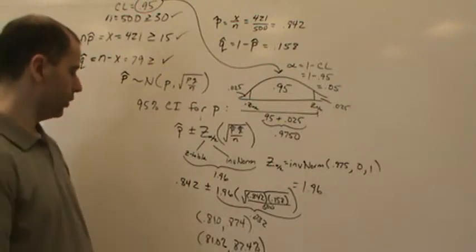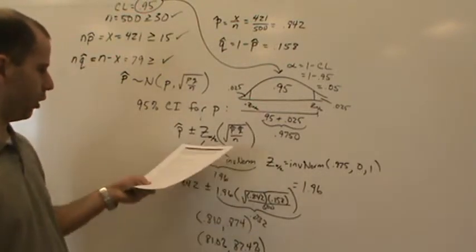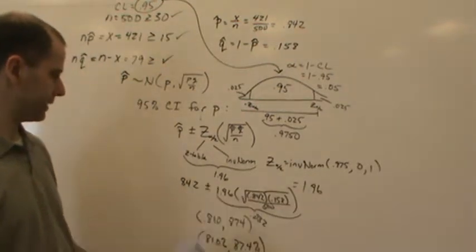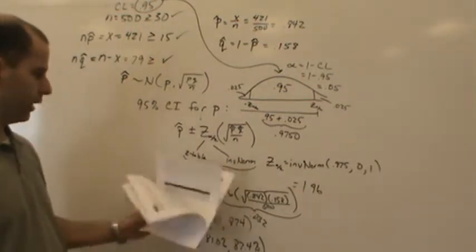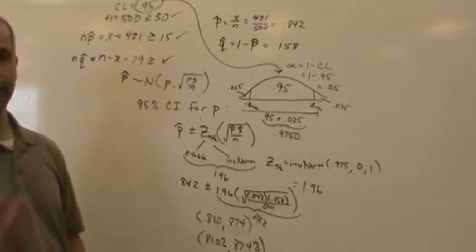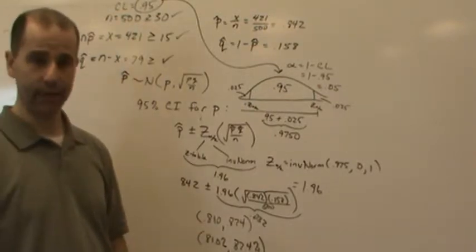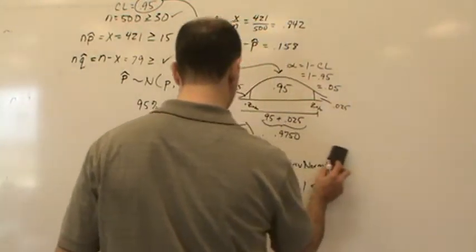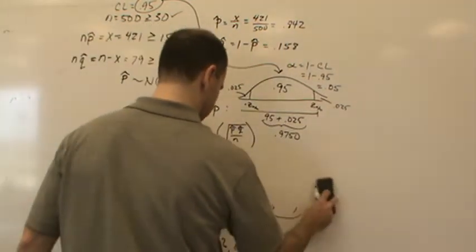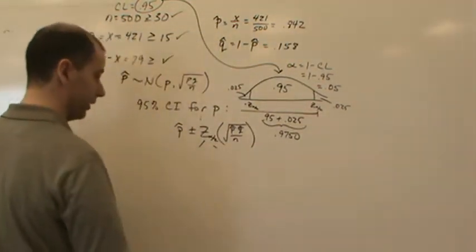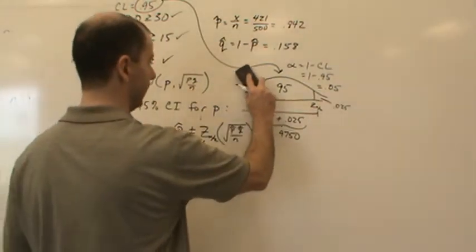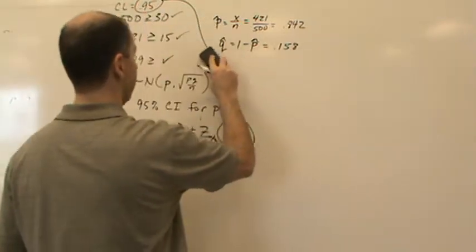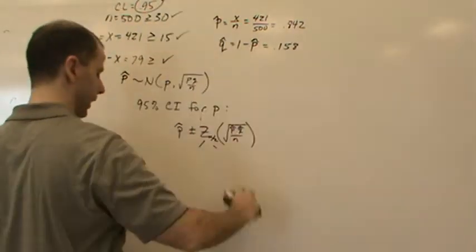So I showed you using the formula, using either the calculator to get your z-score or using the table to get your z-score. You then just plug and chug into the formula and you'll get the answer correct every time. Okay? Now, let's use the other function. Now, the cool thing about using the calculator is that you don't have to worry about any of this, but don't forget this, okay?